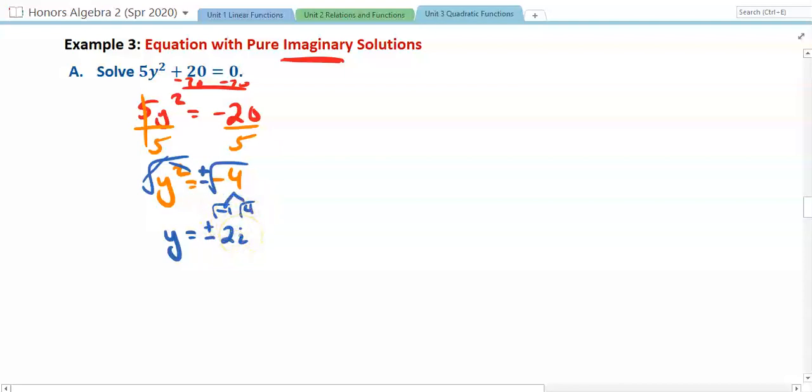And so this doesn't give me one solution, it gives me 2, right? Because remember, a quadratic should have how many solutions? 2. But these are imaginary solutions, so does this cross the x-axis? No. And we're going to talk more about that as we get into sections 5 and 6 this and next week.